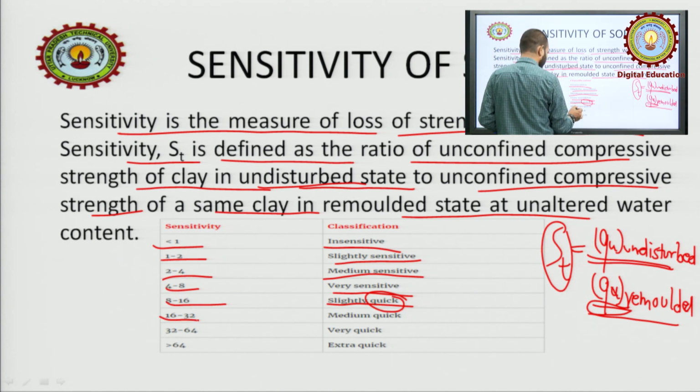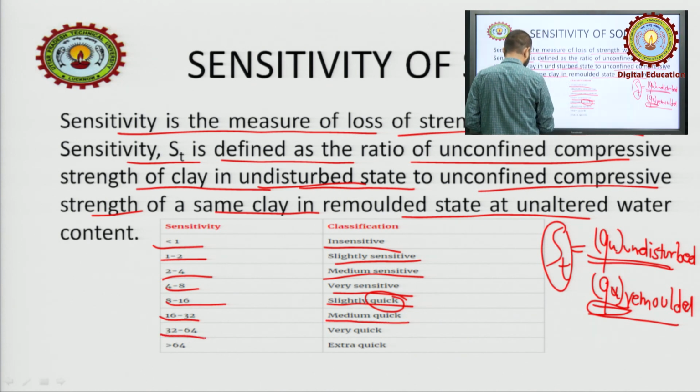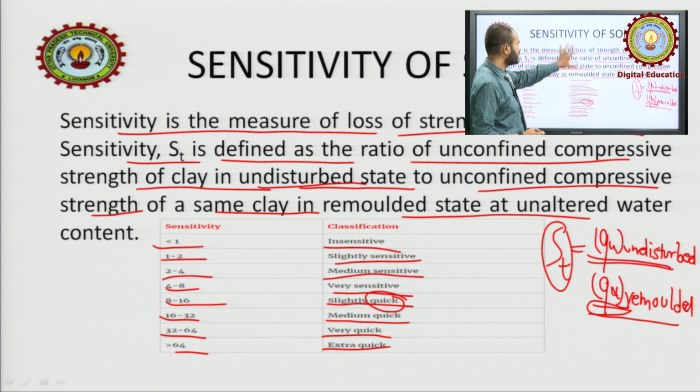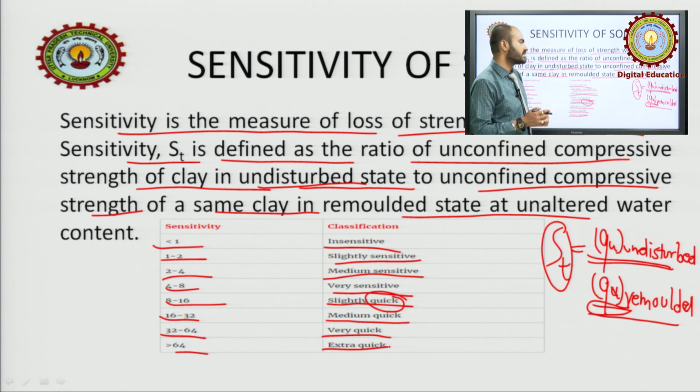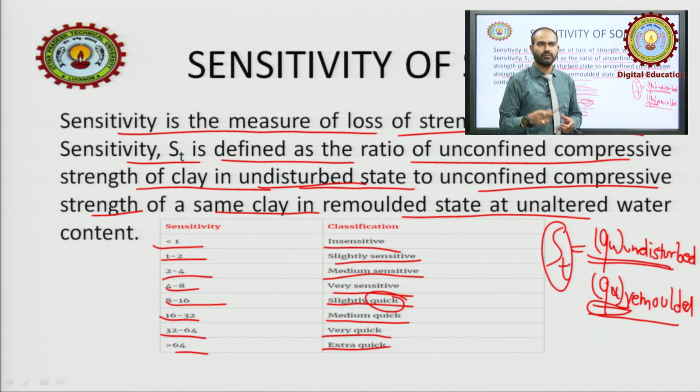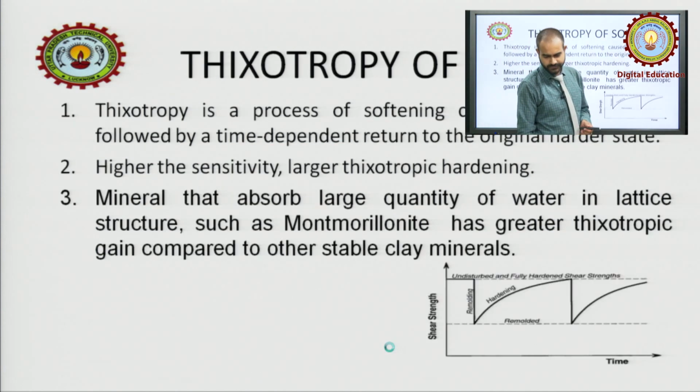Then 16 to 32 medium quick, 32 to 64 very quick, greater than 64 extra quick. So this is the general concept of sensitivity of the soil. It just tells us how much shear strength loss has occurred due to remolding of that soil. Now let us move forward.